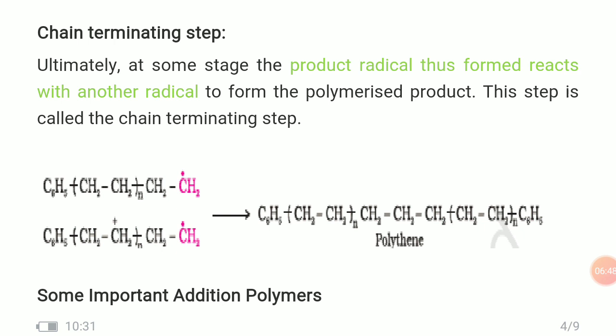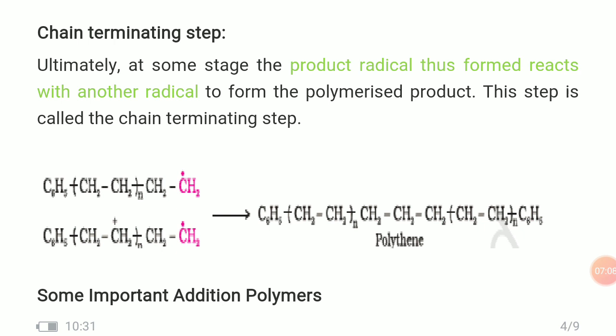Two product radicals react with each other, share one electron and form the polymerized product, and this step is called the chain terminating step.